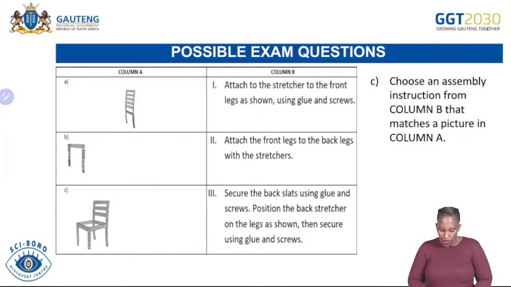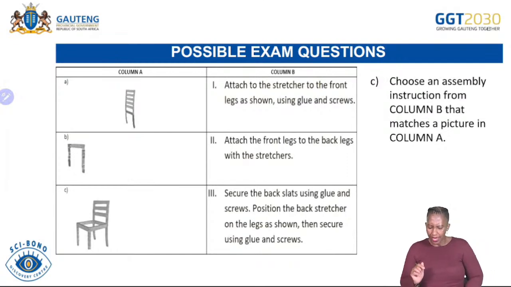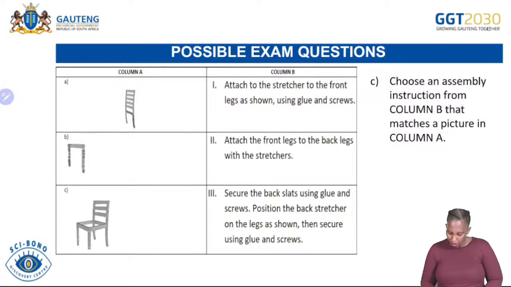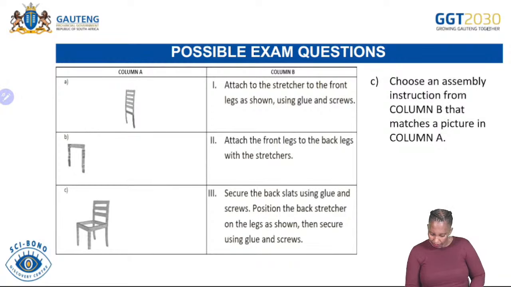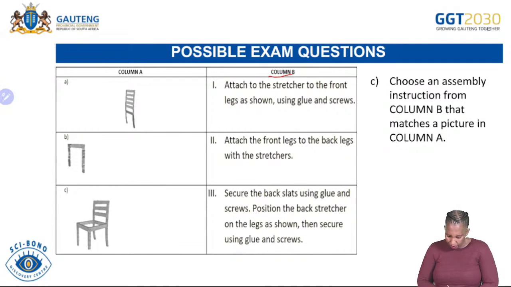Now, let's continue. It says, choose and assemble instruction from column B that matches a picture in column A. You must choose and assemble instruction from column B, this side, that matches a picture in column A. Now, number 1, it says, attach the stretcher to the front legs as shown using a glue and a screw.